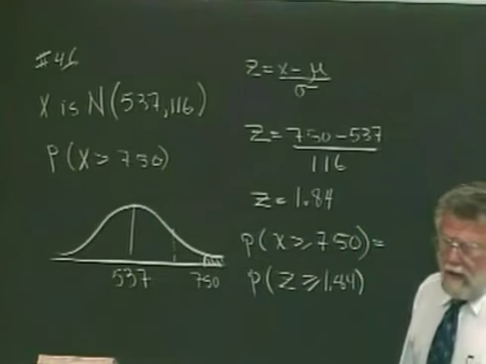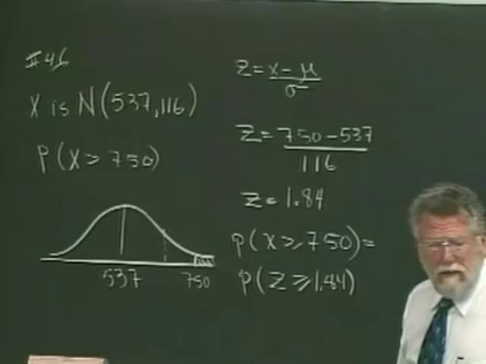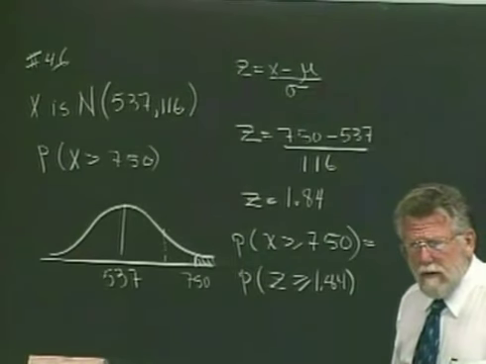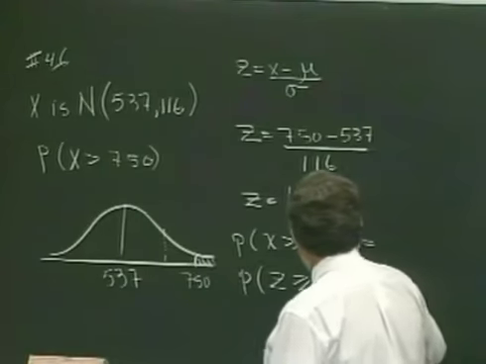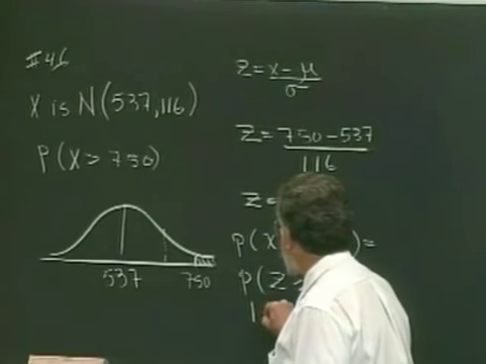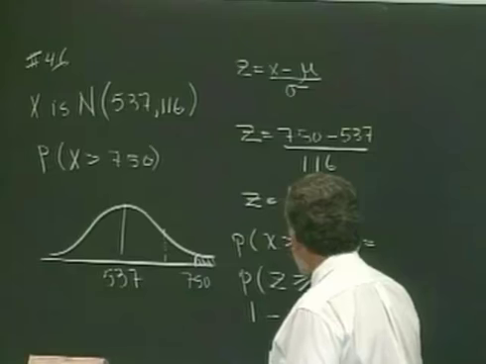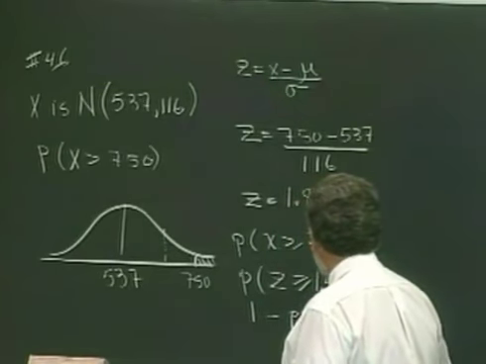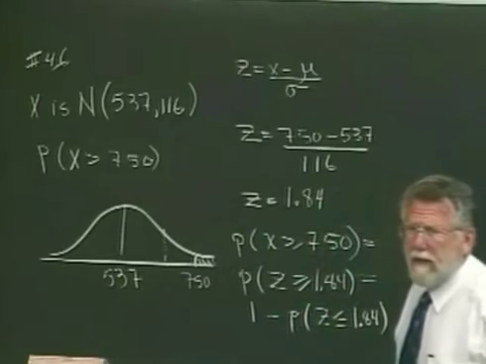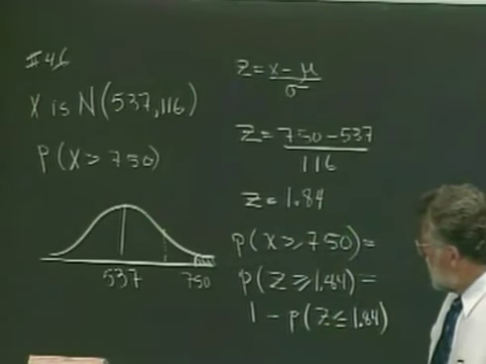Now the thing you have to be careful about is that your table gives you the area to the left, not to the right. So I would prefer, in terms of the table, to just rewrite this so I can look up the value directly and not have to depend on any symmetry arguments.